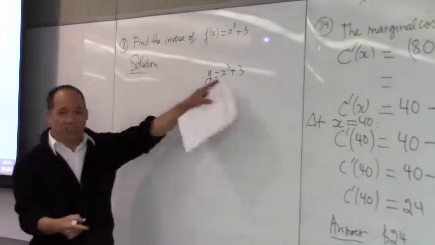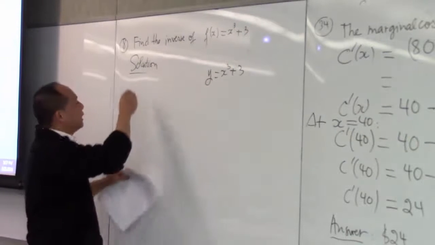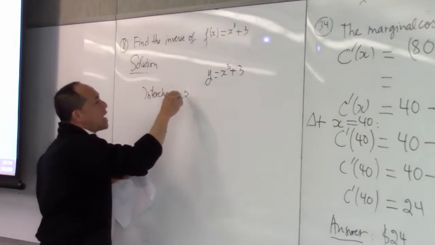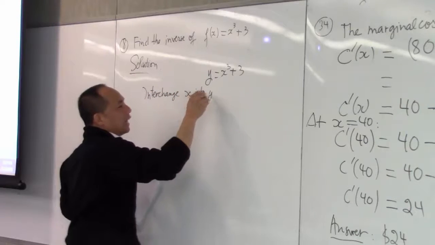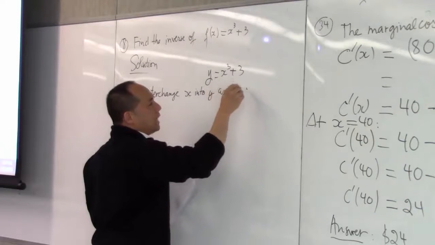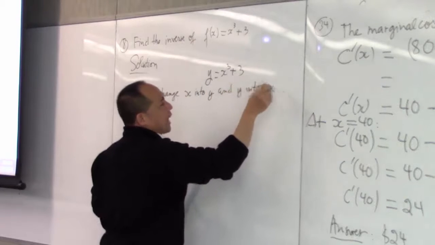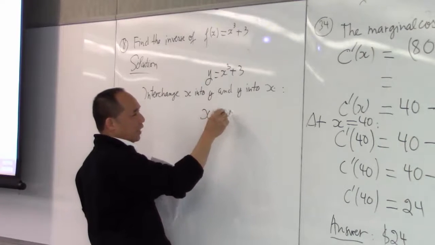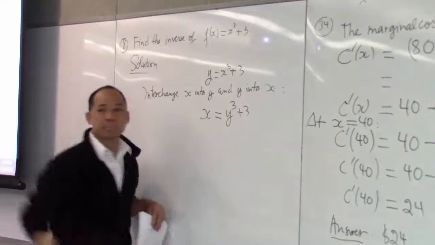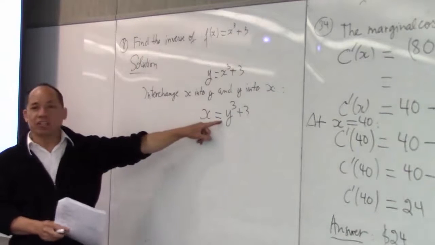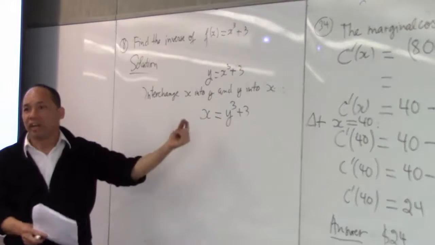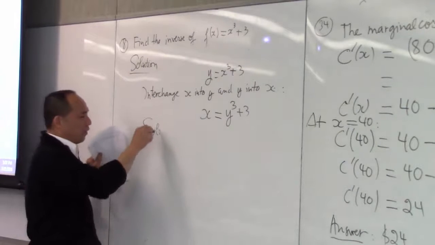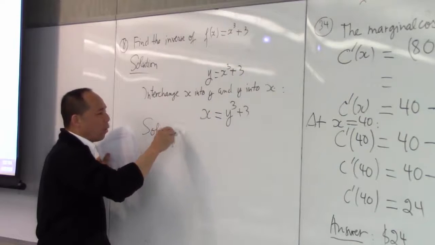We call that interchanging the variables, which means interchanging x into y and y into x. So you have x equals y cubed plus 3. After interchanging, you solve for y.